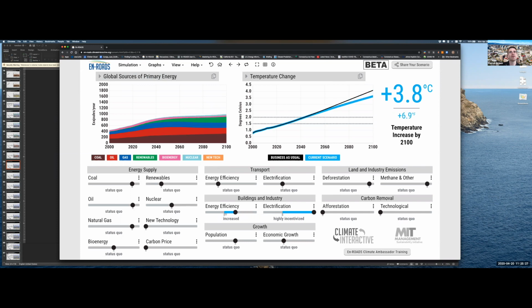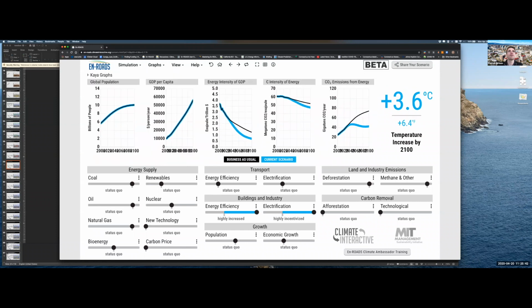It's not necessarily shifting around the sources. It's not like it swaps out one for the other. It's just changing the total amount of energy used. So energy efficiency, and of course we can also see this in our Kaya graphs, is going to decrease the amount of total energy used.